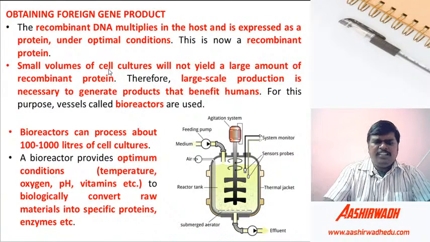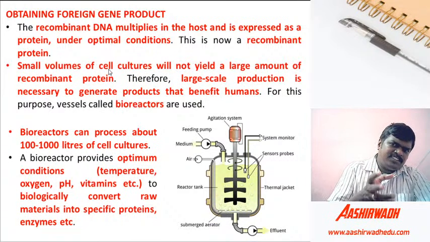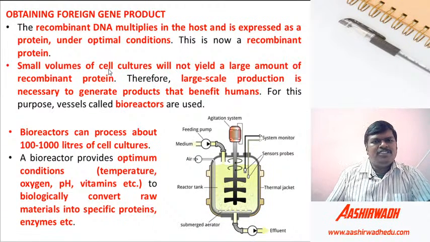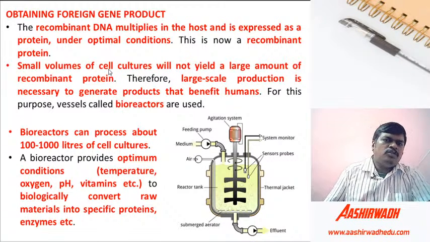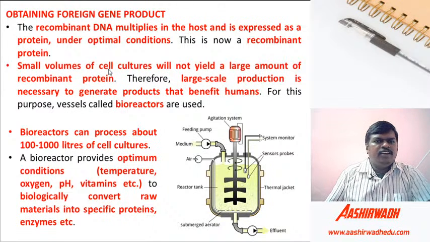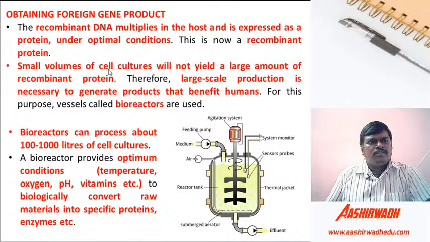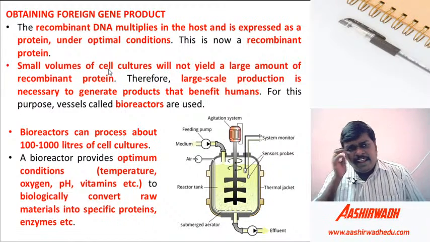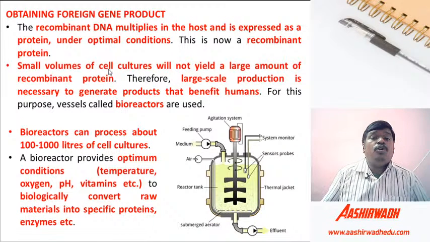So now we have seen how manipulation is done, how multiple copies are produced, and how the genes are inserted into the host cells. And the ultimate aim here is to produce a larger amount of the desired product.